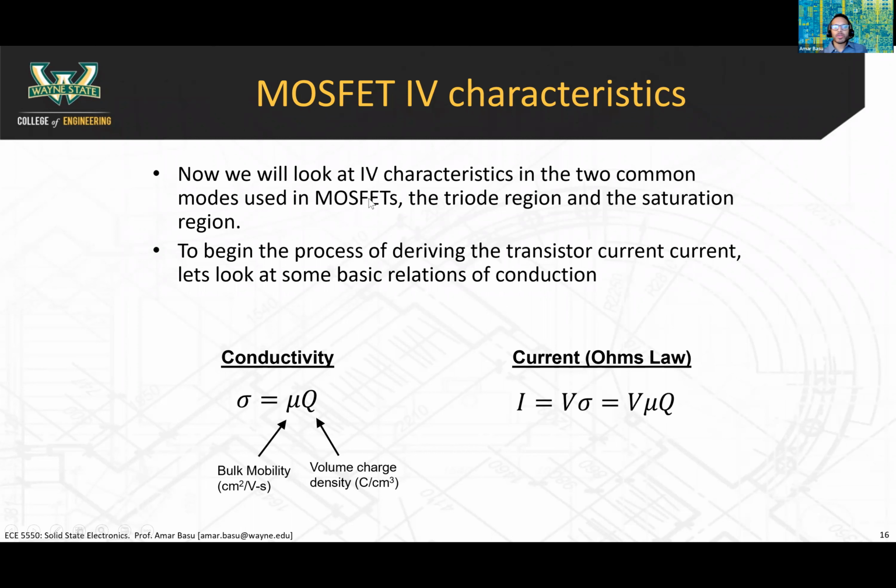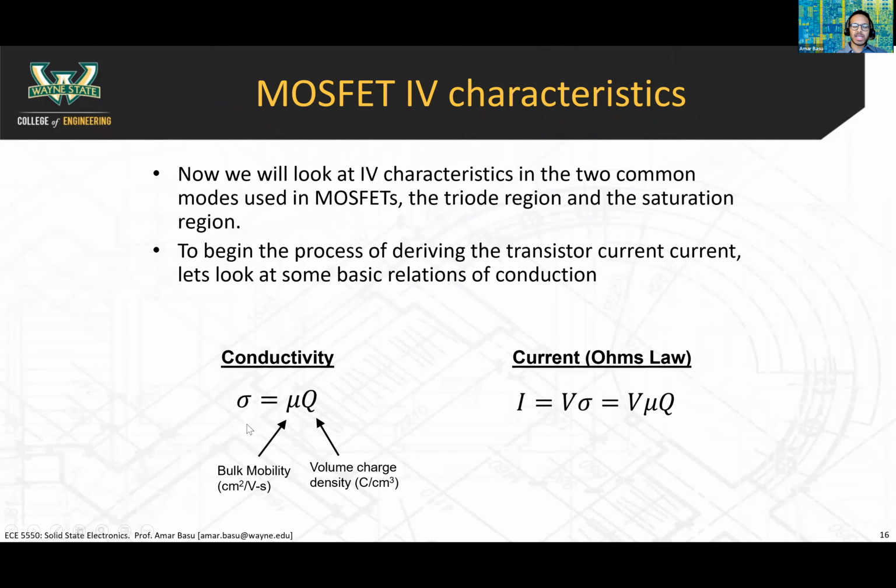Okay. So in order to derive the transistor currents in each of the regions, the triode region and the saturation region, we have to go back to some of the basic relations of conduction. And we can talk about conductivity, which we learned in Module 3. The conductivity is equal to mobility times the volumetric charge density.